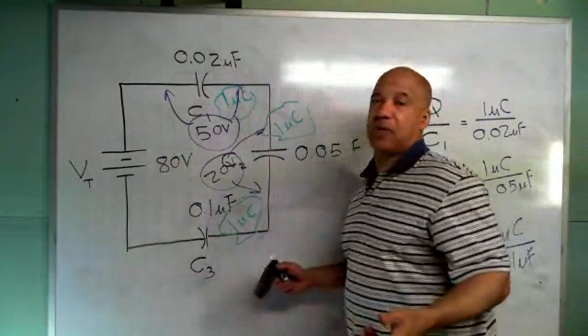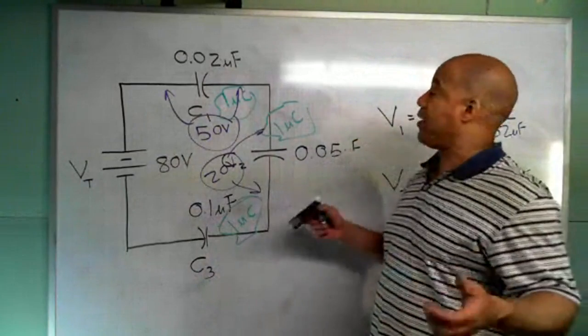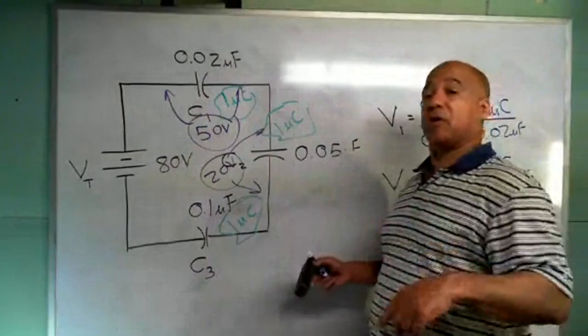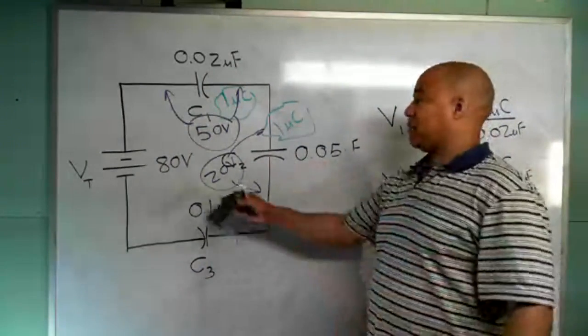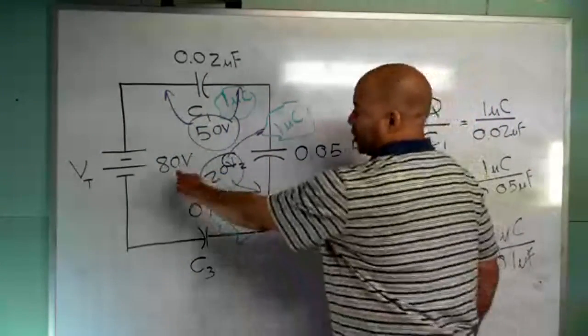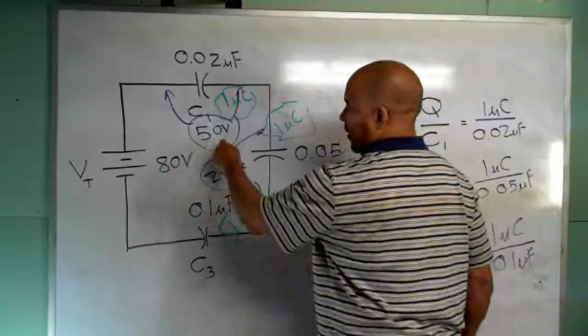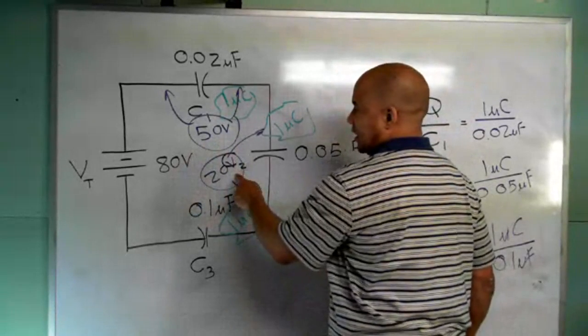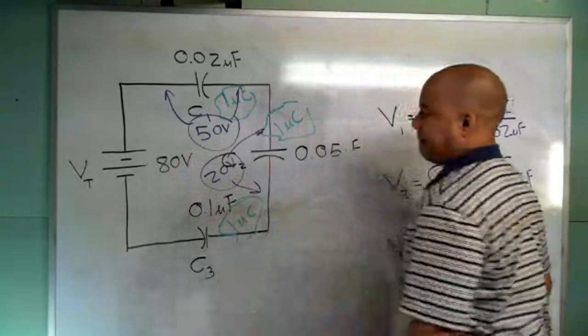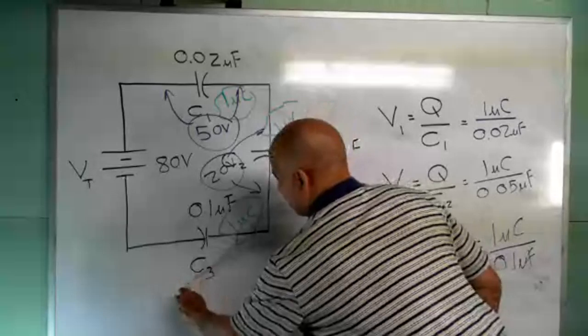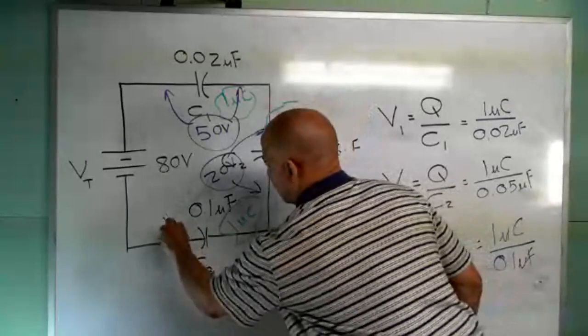Well, that not only works for resistors, it works for anything. I don't care what you have. If it's hooked up, it's got voltage across it, and the voltages have to add up to the total voltage. So if I have a total of 80, this is 50 and that's 20, which makes 70. This has to be 10 volts. I guess I'll put it in here.